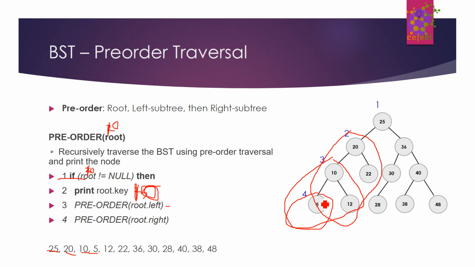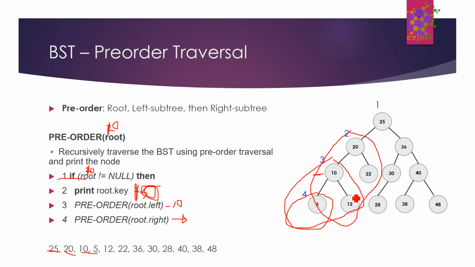It will return back, and it will go to root.right for 5. Now root.right is also null, due to which it will also return, and then finally this call will return back here, which is 10. So after printing 10 it will return here, and then it will call pre-order root.right for 10.